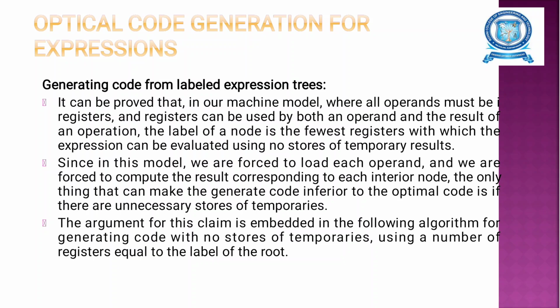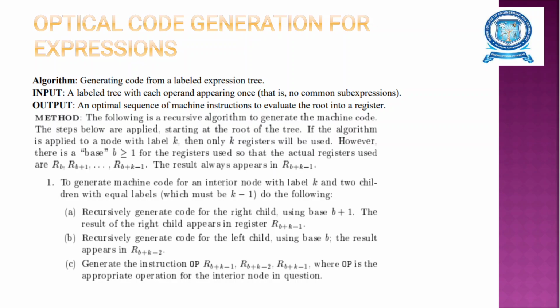In this model we are forced to load each operand and to compute the result corresponding to each interior node, so the only thing that can make the generated code non-optimal is a necessary store of temporaries. That argument is embodied by the following algorithm.